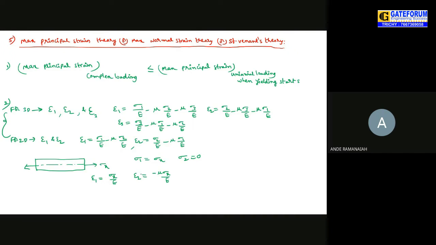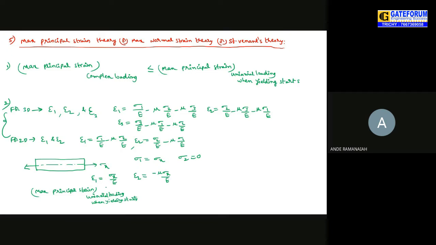Out of these two values, which will be the maximum value? We have to take the maximum value, so it is sigma x by E. So the right hand side term is the maximum principal strain under uniaxial loading when yielding starts.